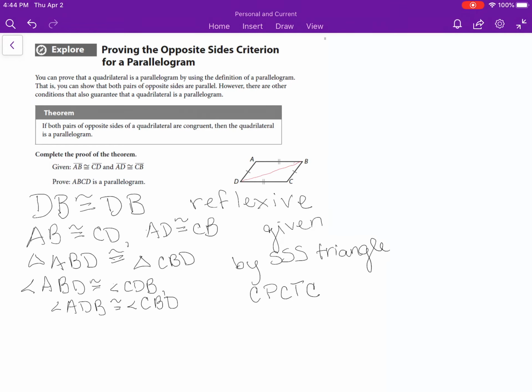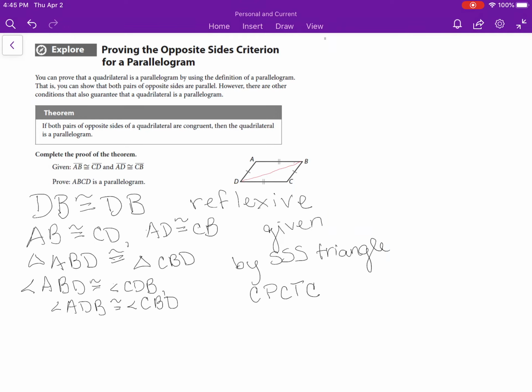Now I can apply the alternate interior angles property to prove that the opposite sides are parallel to one another.